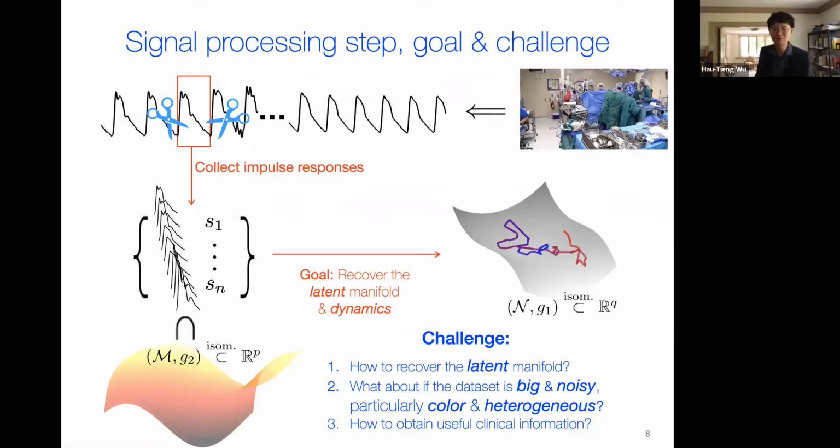And then the third question is, how to obtain useful clinical information? What can we do? Today, I will not jump into the latent manifold part. If you're interested, I'm happy to chat offline, but I will focus on point 2 and show you a bit about point 3, and show you the results.